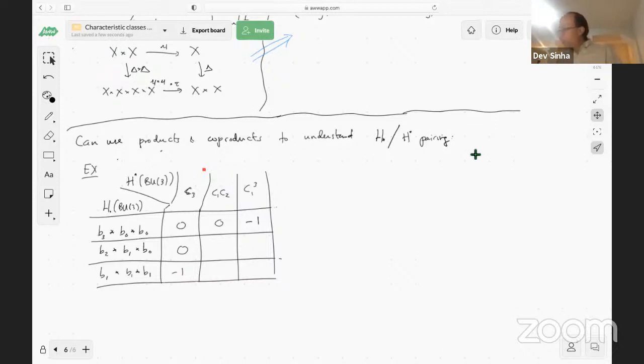I claim that this is also ±1. I'm going to give you a more interesting example. Let's work over here. So let's try to evaluate C1, C2 on B1 star B1 star B1.